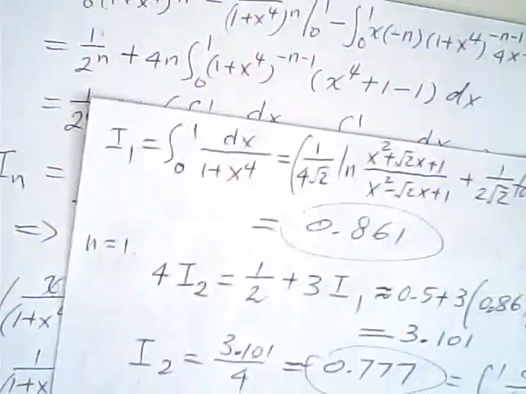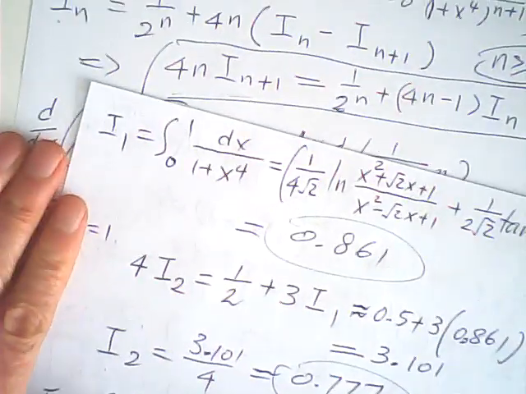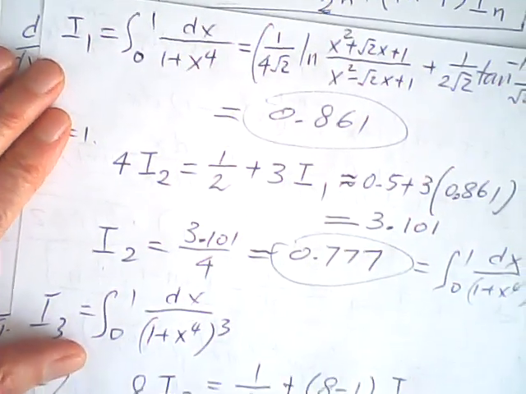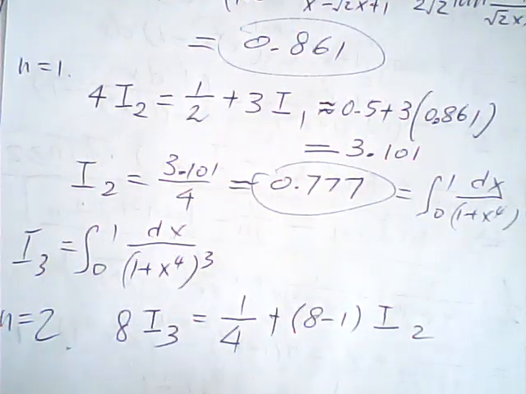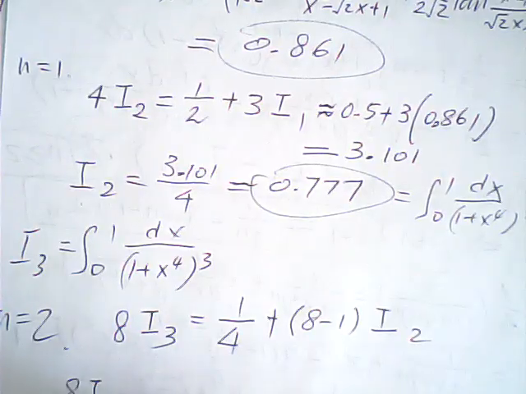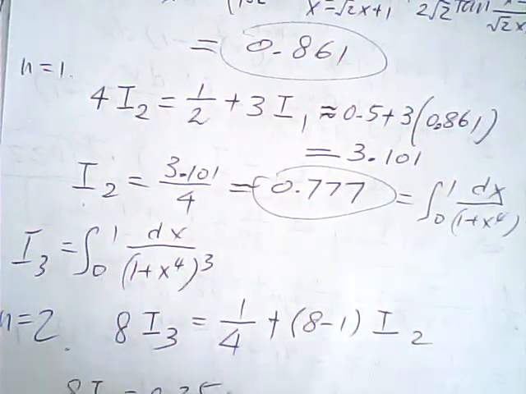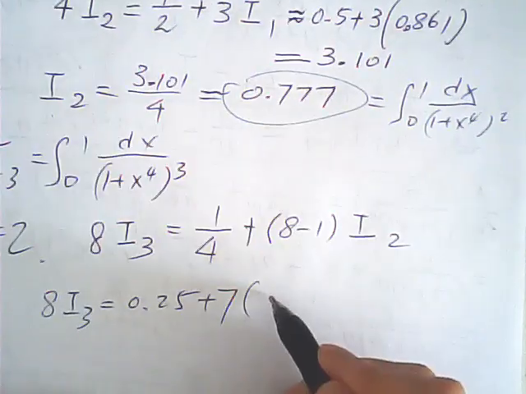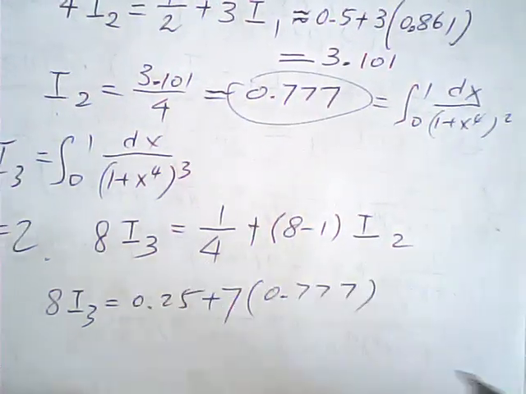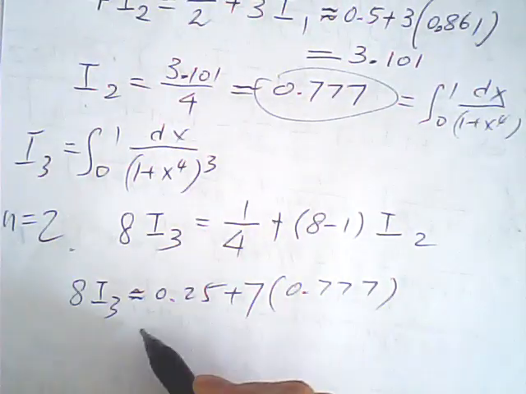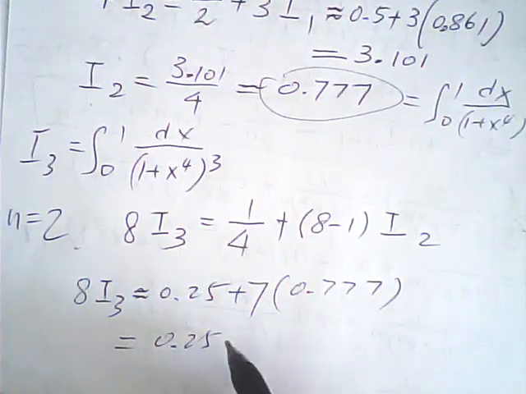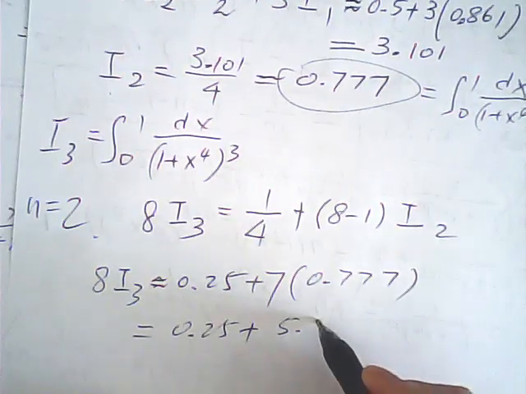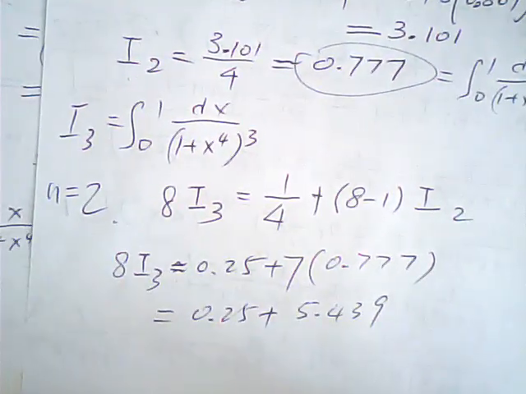Yeah, I'm sorry. This is the reduction formula. When n equal 2, I get this. So I get I3. So 8 I3 is equal to 0.25 plus 7 times I2. I2 is this. So this approximation, this is 0.25 plus 5.439.